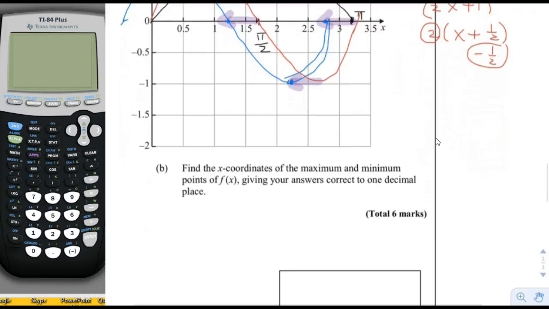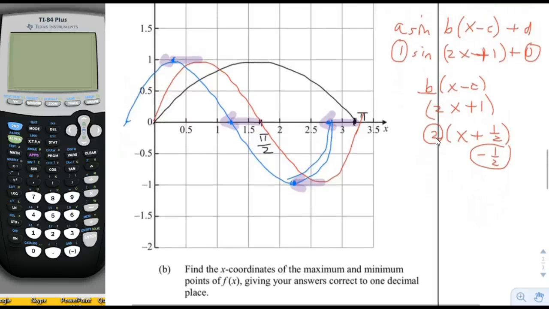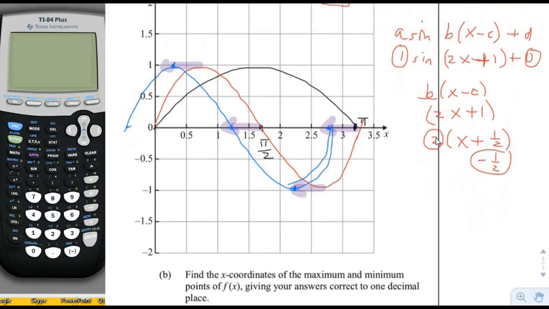Okay. Anything else they're asking? Find the x-coordinates of the maximum and minimum points of f of x, giving your answers correct to 1 decimal place. Okay, so they want the x-coordinates for this point and this point. Originally the minimum was at 3/4 pi, so this is actually 3/4 pi minus 0.5, because we moved over 0.5.